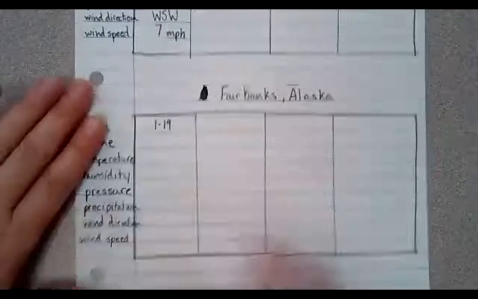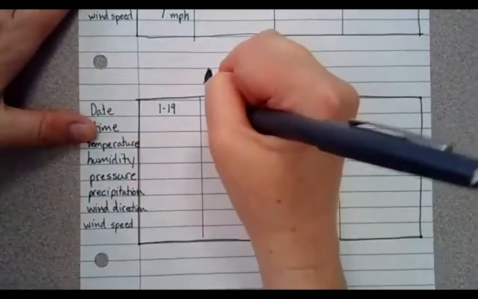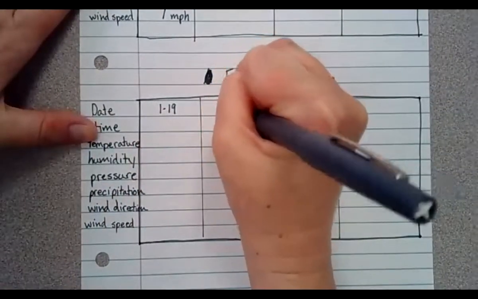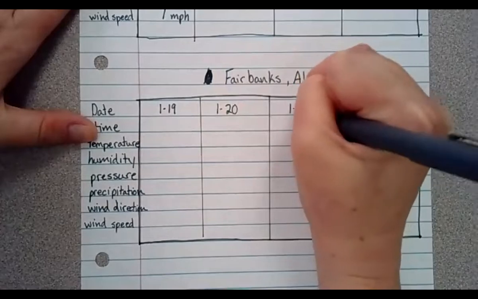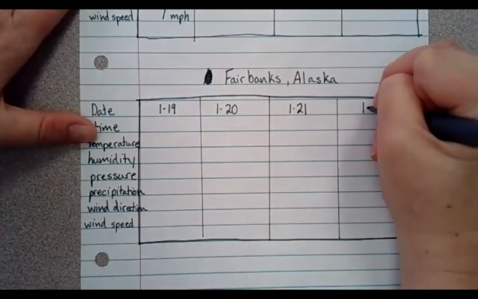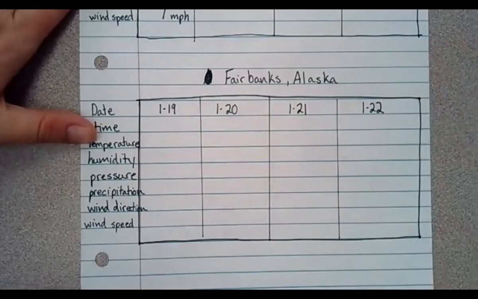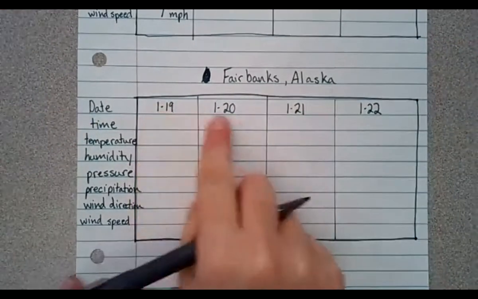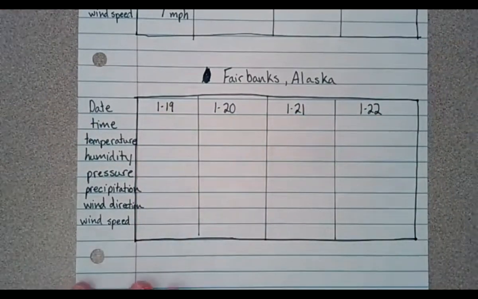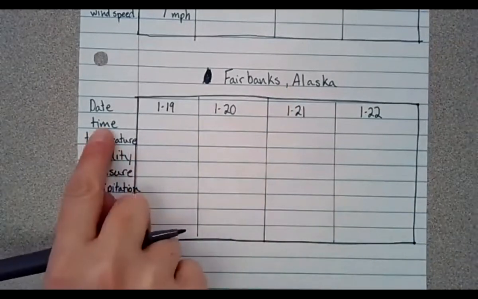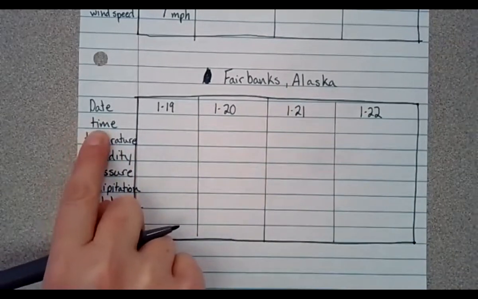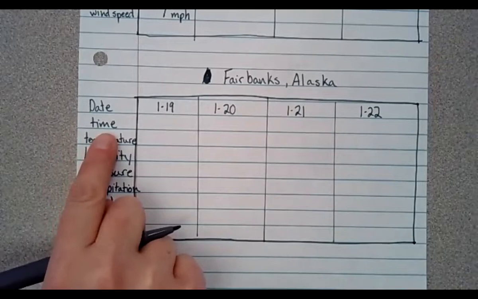Okay, so I've got 1/19, then I'm going to do 1/20, 1/21, and 1/22. All right, so this is going to be Tuesday, Wednesday, Thursday, Friday of this week, and we're going to record. You're going to try to record as close to the same time every day as you can.